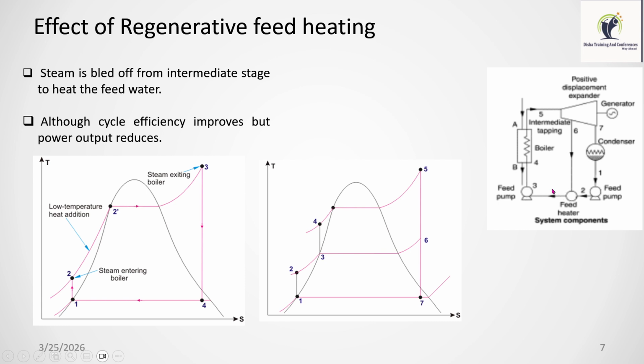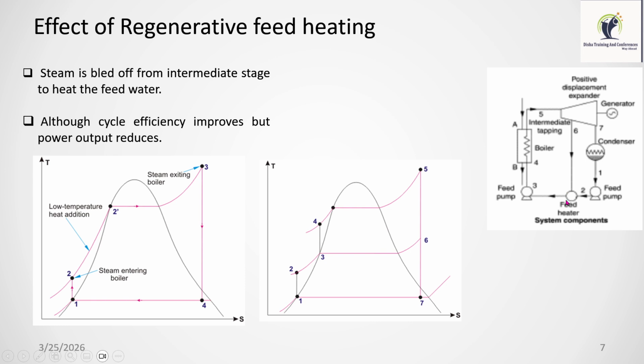So naturally the system efficiency will increase, because when we allow steam to go directly to the condenser, we are losing latent heat in the condenser. Huge amount, around 440 kilocalorie per kg of steam we are losing in the condenser. But when we take extraction, the latent heat is utilized for feed heating of the boiler feed water.